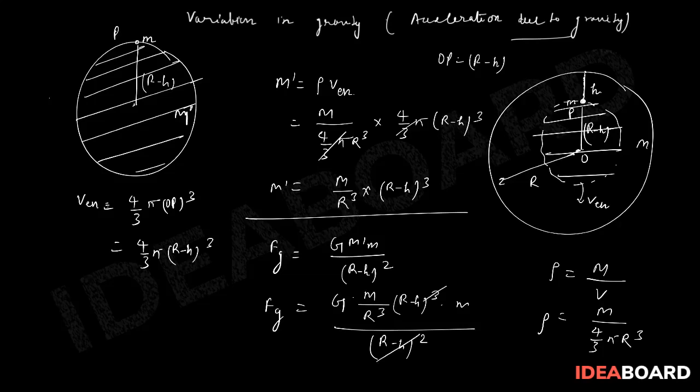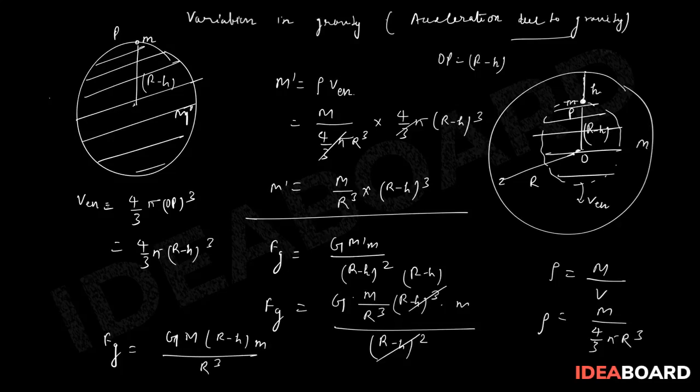So this is cancelled out. This is r minus h. So F gravitation can be obtained here: G capital M (r minus h) small m upon r cube, correct?